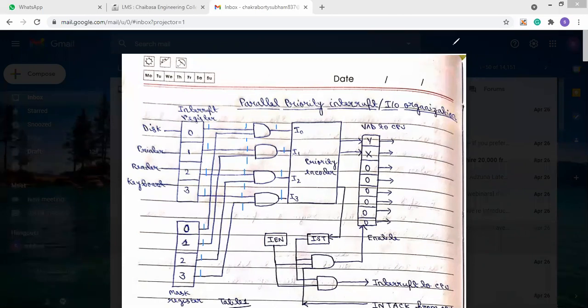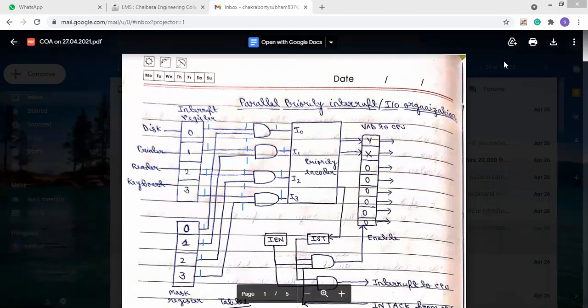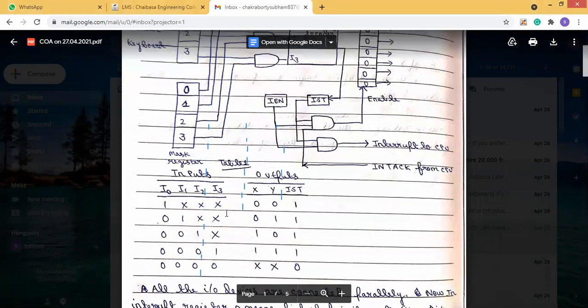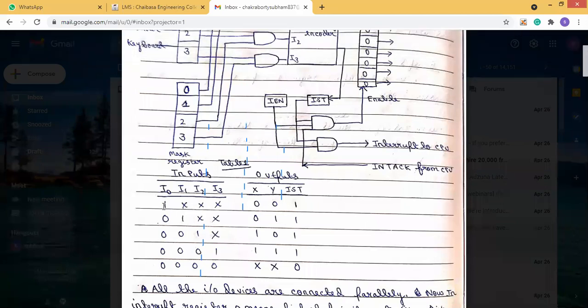That's why here you can see that at first, disk generated interrupt. That's why 1 is considered, and in the other cases the input is considered as don't care condition. If it generates interrupt or not, we will not consider that.